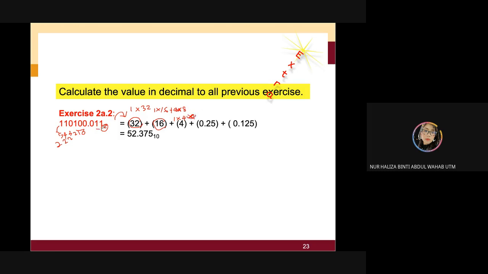And it goes directly to the power of minus 2, to the power of minus 3. And you will get the value of your decimal. This is the method for you to convert any base number to decimal. You will use the multiplication and summation of the values.